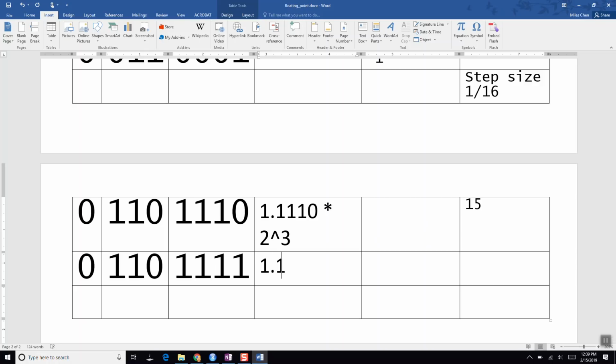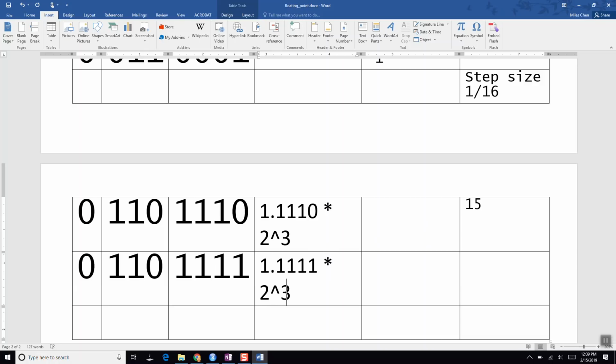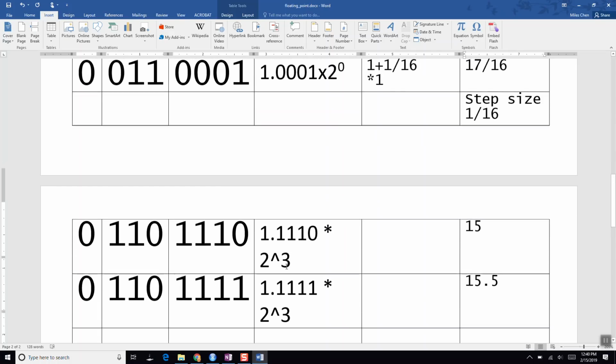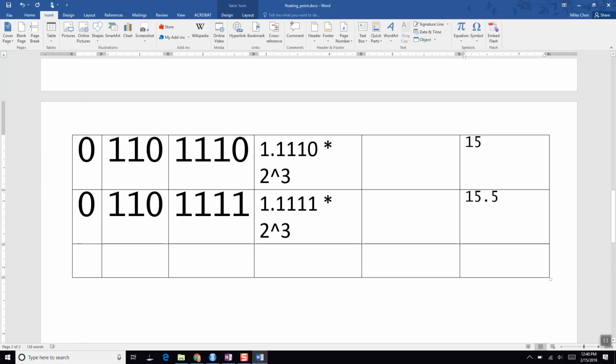Then I have 1.1111 times 2 to the 3, and this becomes 15.5. And so our step size is 1/2.